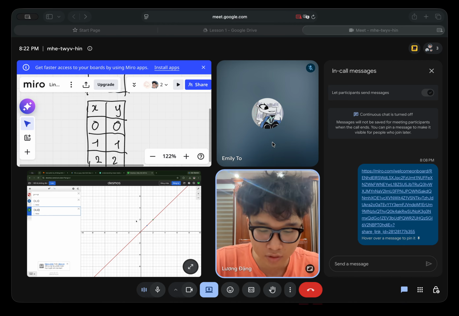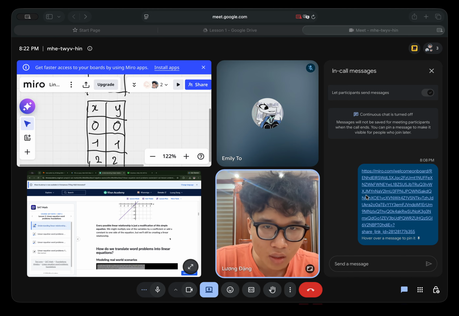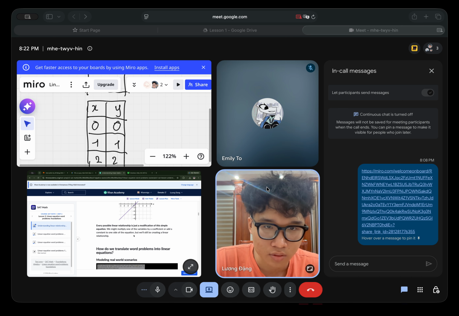Okay, so that's why it's called a linear equation. So every possible linear relationship is just a modification of this simple equation, right? We might multiply one of the variables by a coefficient or add a constant to one side of the equation, but we'll still be creating a linear relationship.